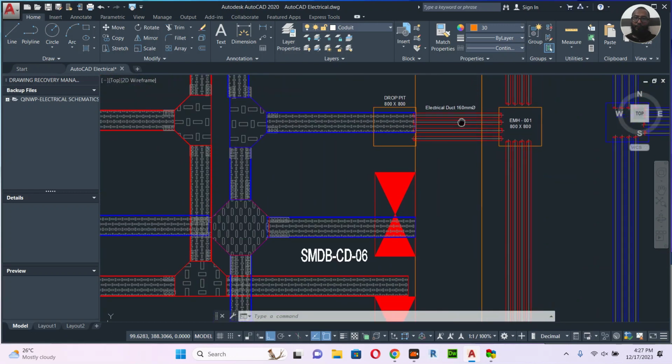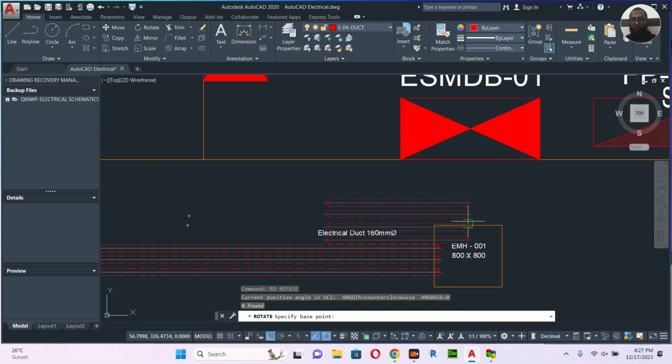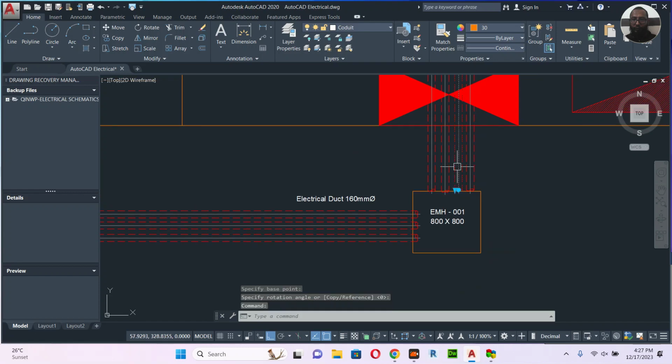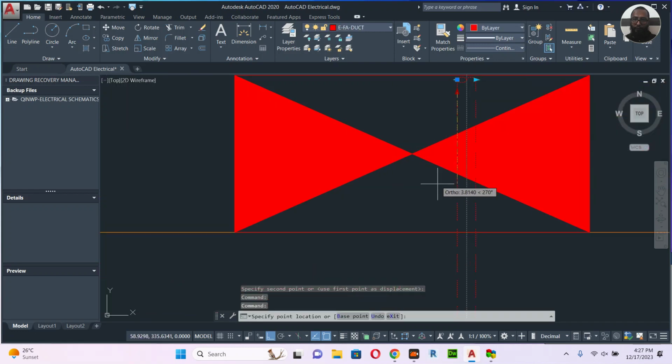Okay, so let's copy this one. Let's put it here. Let's select all this, rotate. Let's delete all this. Let's move inside. Let's make it a little smaller.